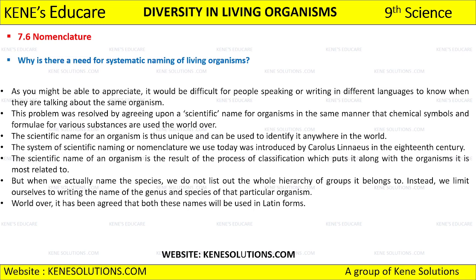And that is why, like we have a common chemical symbol and formula given for various substances, in the same way we have binomial nomenclature for organisms as well. So the scientific name for an organism is unique and can be used to identify it anywhere in the world.